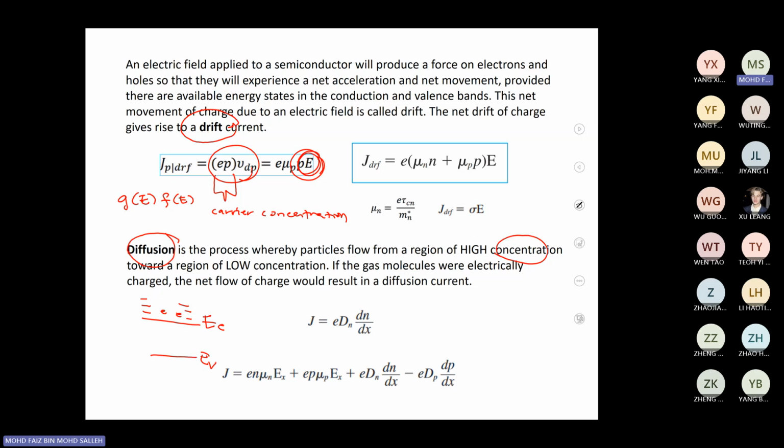So how can we deal with it? We use probability. Okay? And then the density of states tells us, if this is a three-dimensional material, you will have this many states available. But you still do not know whether the electron is there or not.